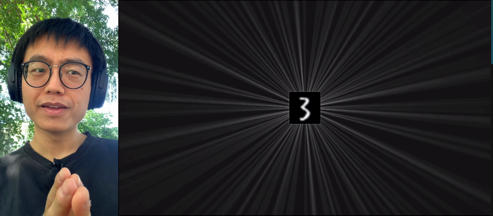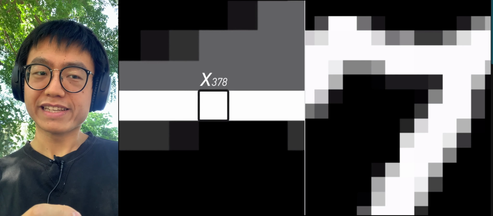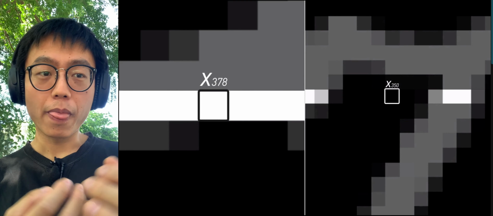Okay, how should our machine distinguish between these different handwritten numbers? Let me take 3 and 7 as an example. There's a left protruding part in the middle of 3. So, in the vector of the number 3, the pixel grayscale in places like x350 and x378 is usually higher. But these pixels are blank in the number 7, so the grayscale will be relatively low.